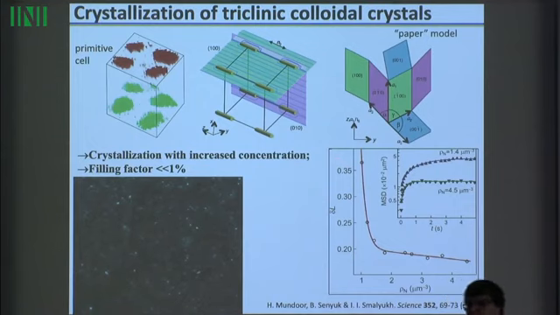And also what's amazing is that you can achieve this behavior at filling factors that are only 1% or so, or even under 1%, where the volume taken by particles themselves is extremely tiny because the interactions are rather long range in this case.